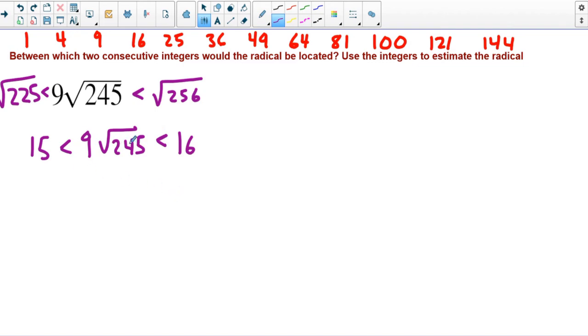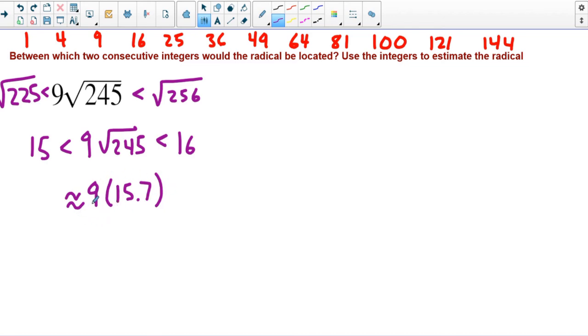So I know that this is going to be in between 15 and 16. I think it's kind of closer to 16. It's closer to 256. So I'm going to say this is approximately 9 times, let's say 15.7, maybe 15.8, something around there.